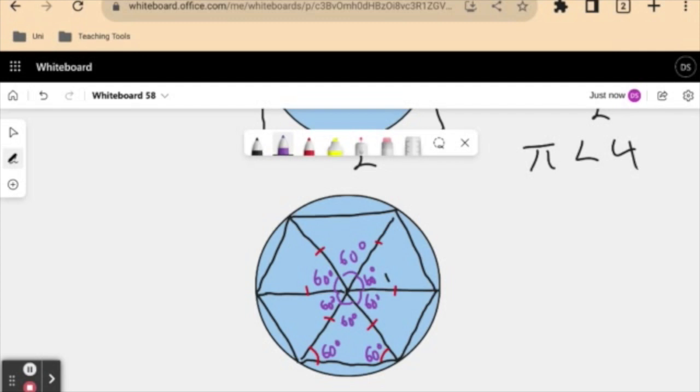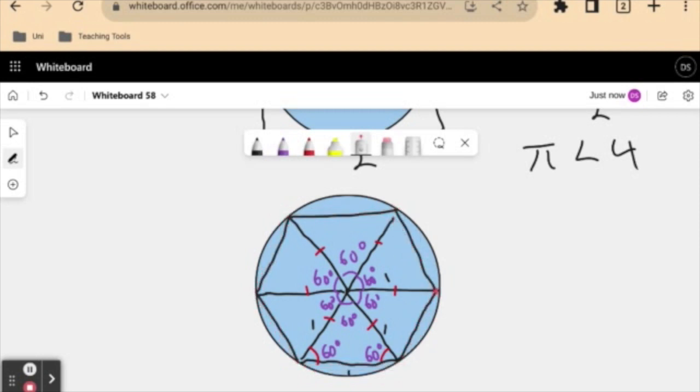So we can say that these are all equilateral triangles. So that means I'm going to have a length of 1 here, a length of 1 here, and a length of 1 here. And that goes for all of these sides. Now, the ones we're interested in are the border sides here. Each, which we know now, are of a length of 1 unit.